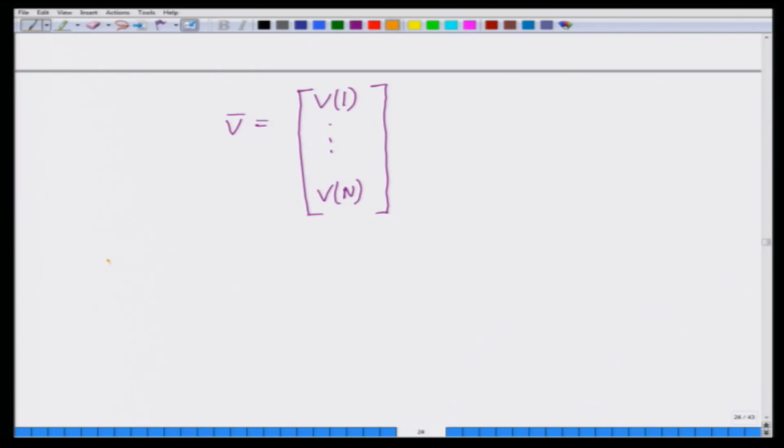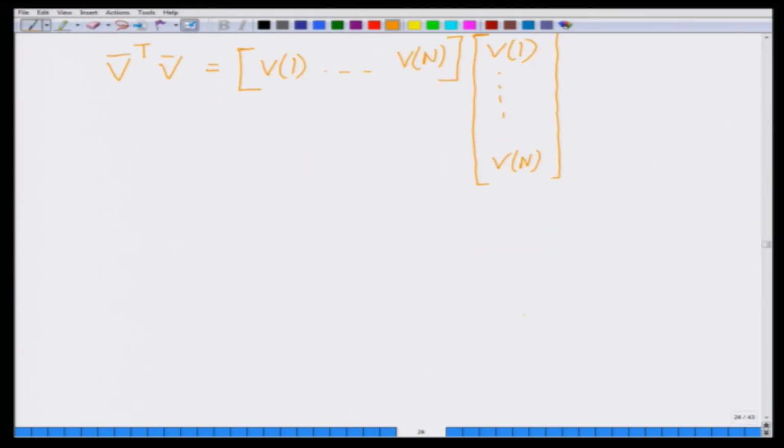Therefore, if you now consider V bar transpose V bar, this is basically your row vector V1 up to Vn times your column vector V1 up to Vn, which you can now see is nothing but basically your summation k equals 1 to n v square k, and which is also basically norm of V bar square.